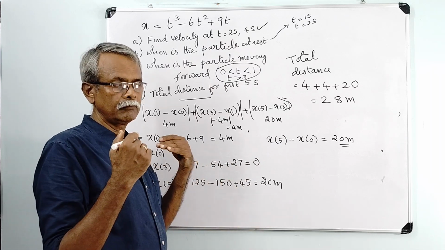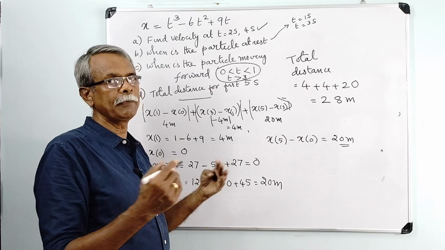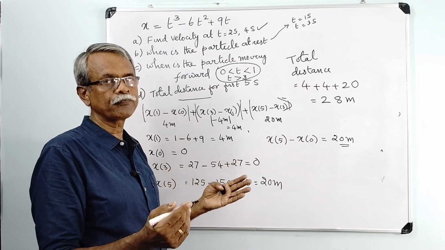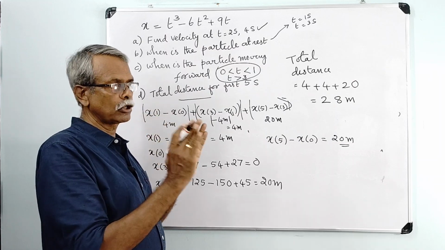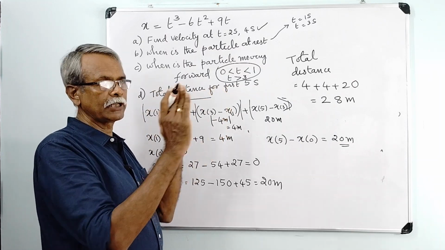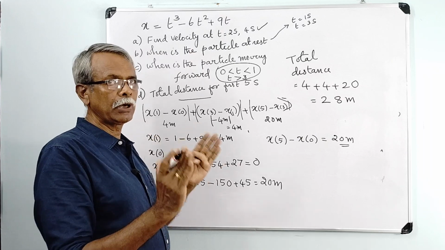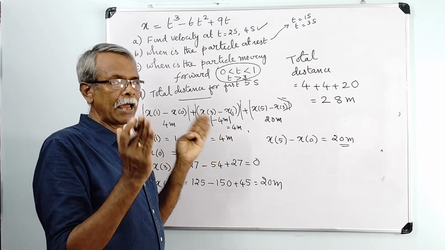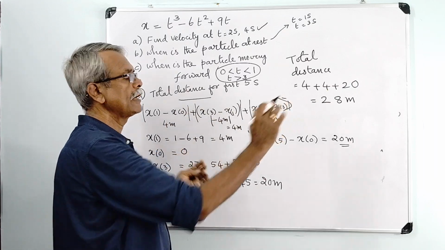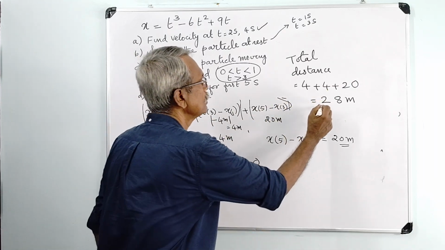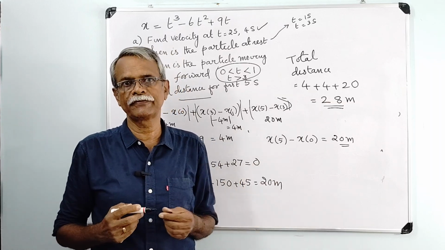But if in some time segment it is positive, in some time segment it is negative, then it means that it changes direction. Then you have to split the time for the positive motion, for the negative motion, for the positive motion, like that. Then you have to take the magnitude or the modulus of the differences and add them together. That will give you the total distance. So you should be very careful about this.